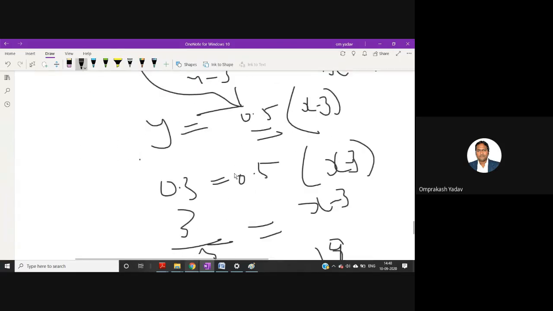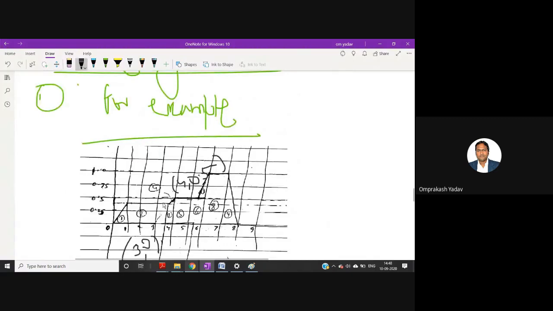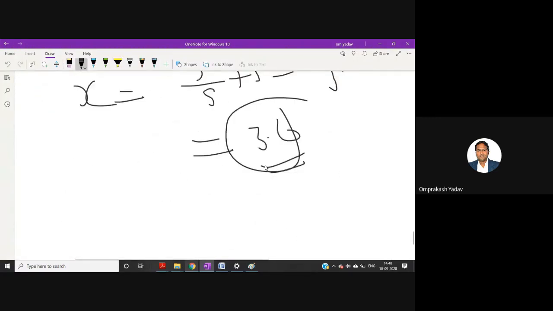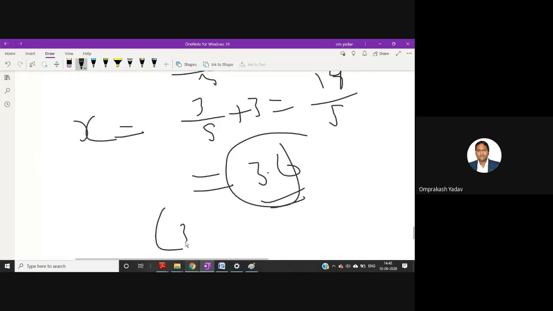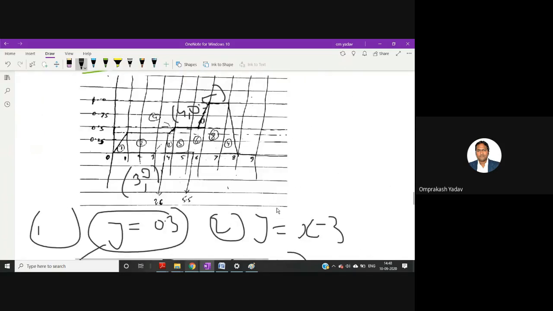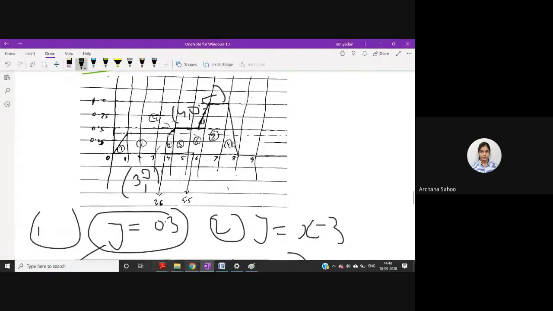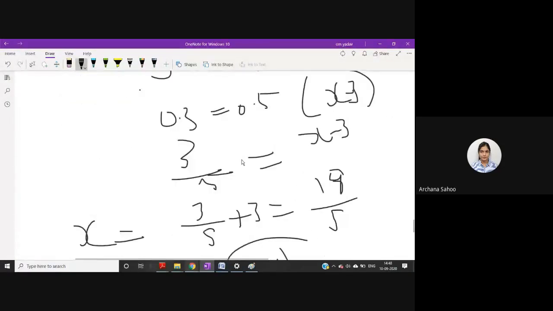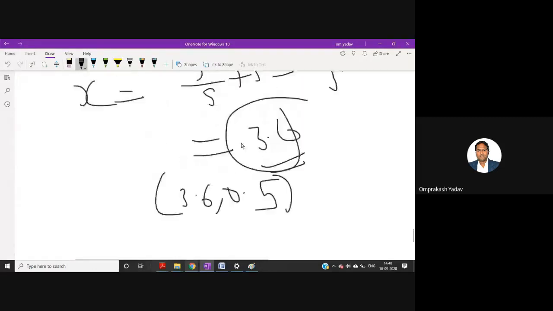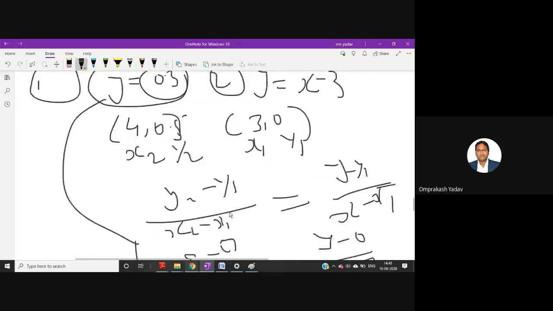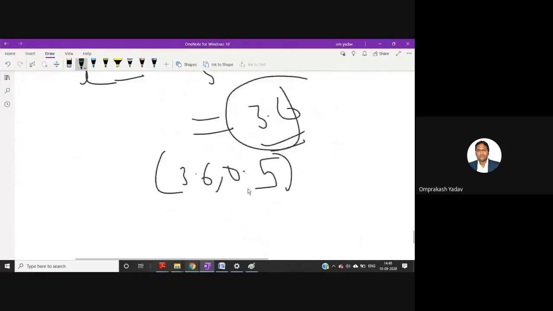Which point did we get? We got this intersection point as what? The x point is 3.6, and the y coordinate is, what did I write, 0.5?